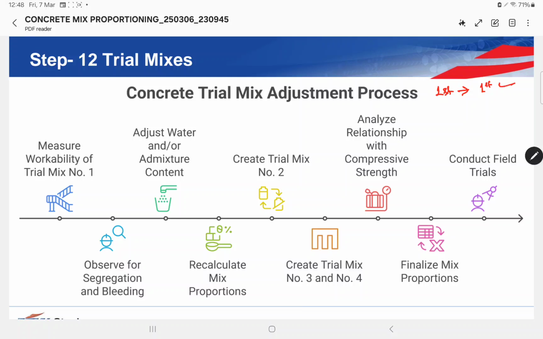Again, you have to do two further trials by changing the water cement ratio by 0.1. Suppose in our case it is 0.37, then we need to do additional two trials for 0.36 and for 0.38.